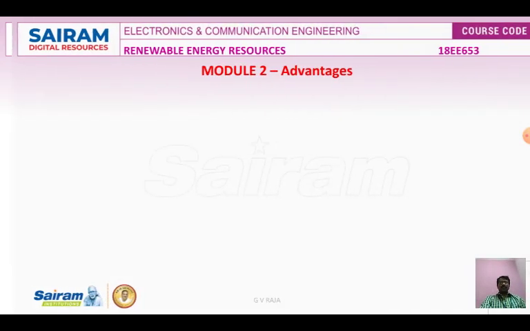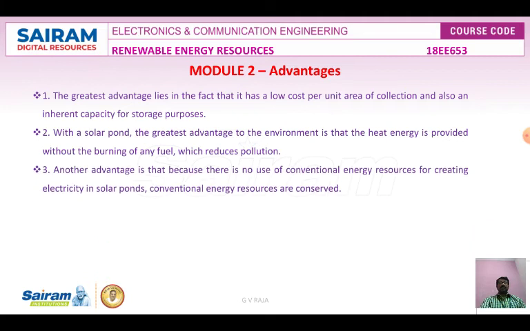So there are many advantages of solar ponds in meeting the energy requirements of a place. It has a low cost per unit area of collection because we are not using any kind of solar devices. Instead, for absorption of the solar energy we are adding salt concentration to the water.